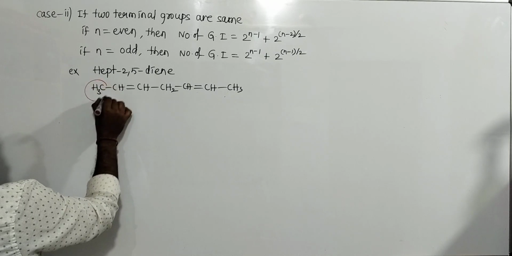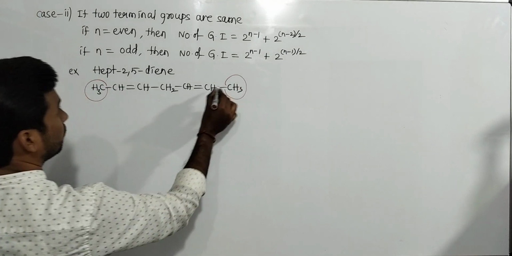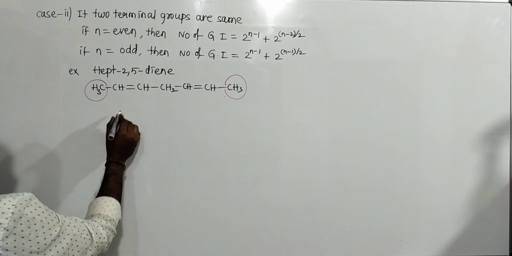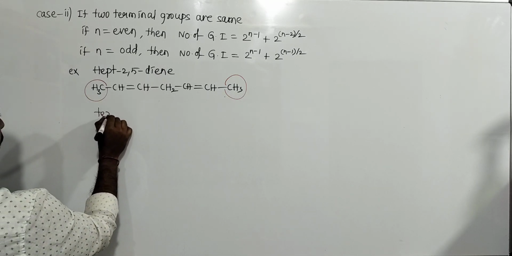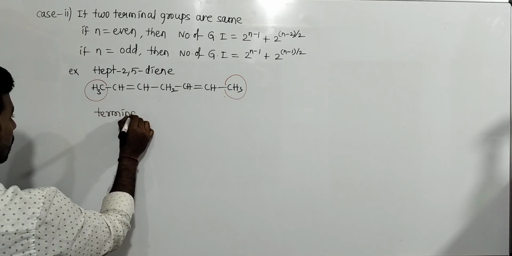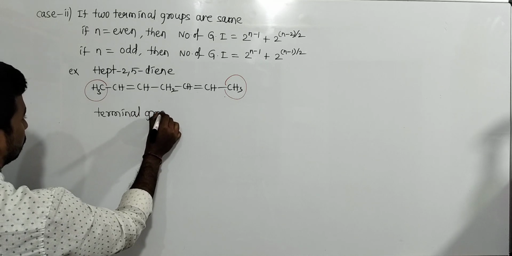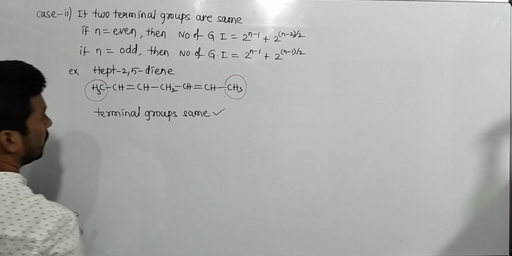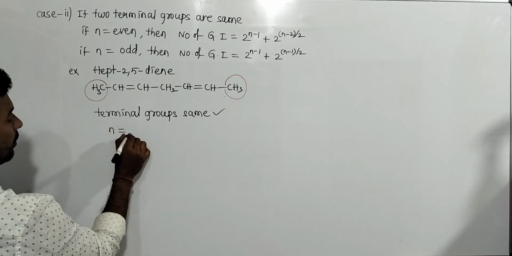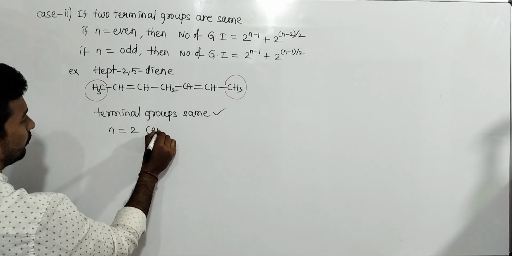Terminal groups are same or different? Terminal groups are same. Next, the number of double bonds is equal to 2, which is even.